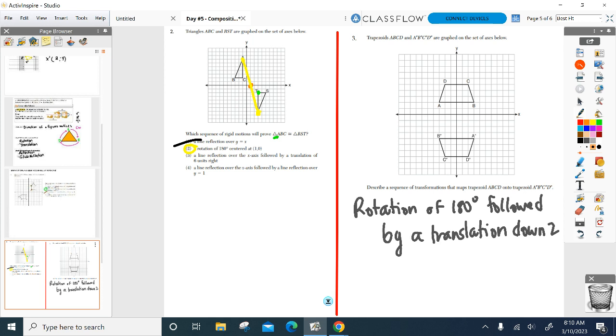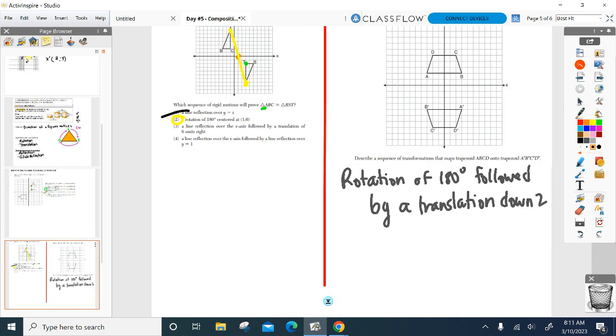Also, if you guys want to do it symbolically, I wrote it out, like R180, T(0, -2). Or if you want to be really nuts, introduce the composition we did today: rotation of 180 out to the right, keep going to the left, translation down 2.